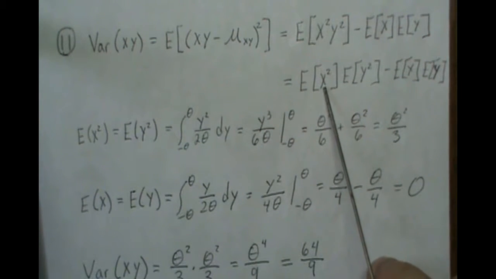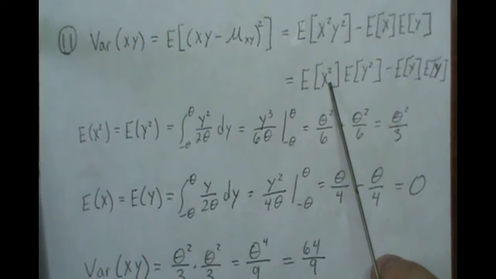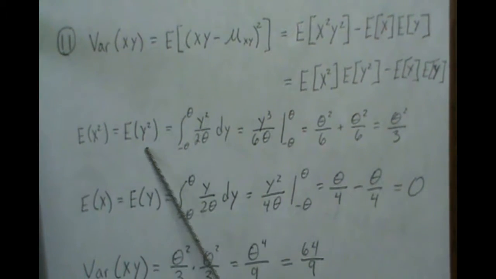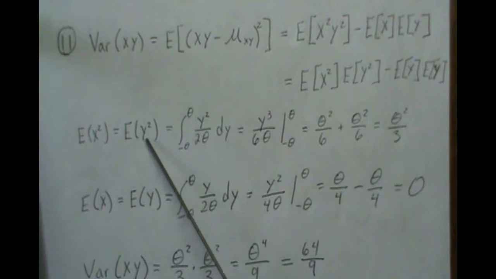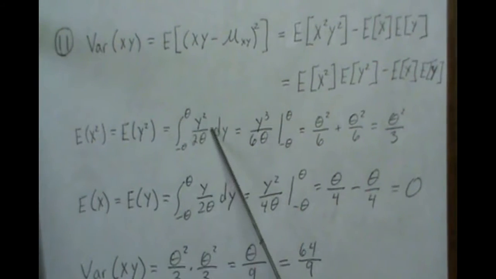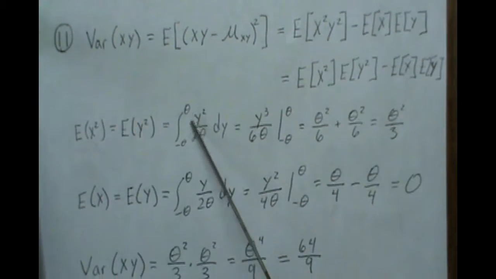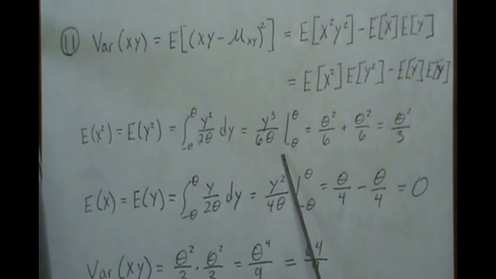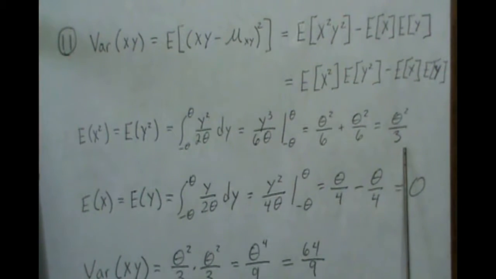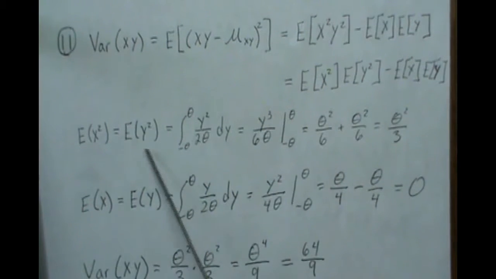Since x and y have the same distribution, the expected value of x squared is equal to the expected value of y squared. So we'll just find this one, which says plug in y squared times the density of y, integrate over all possible values, and we get theta squared over 3, and that's for both of them.